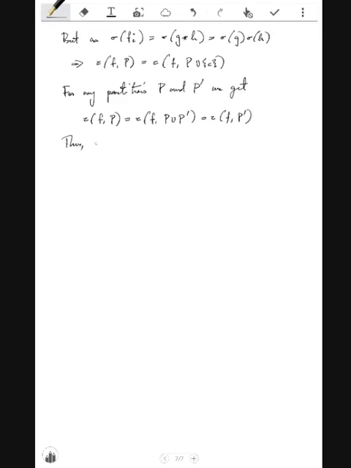Thus, for any two partitions P and P prime, we get tau of f comma P is equal to tau of f comma P union P prime, which is equal to tau of f comma P prime. So thus, tau is well defined.